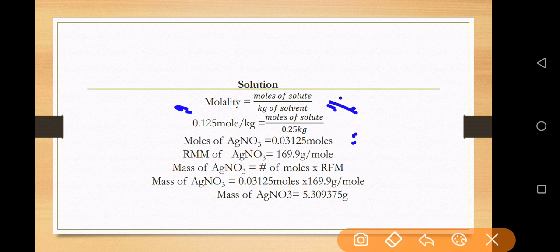If we make mass given the subject, we'll multiply number of moles times relative molecular mass, or relative formula mass. In this case, it will be 0.03125 moles multiplying by 169.9 gram per mole. And what we are to get is this one.